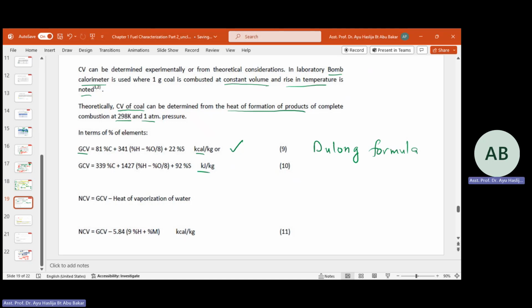Equation 10 is in kilojoule, so it depends on the unit that you choose to use. Don't ask me how to derive this, I don't know how to derive this. They must start from something from the beginning to get up to this equation.